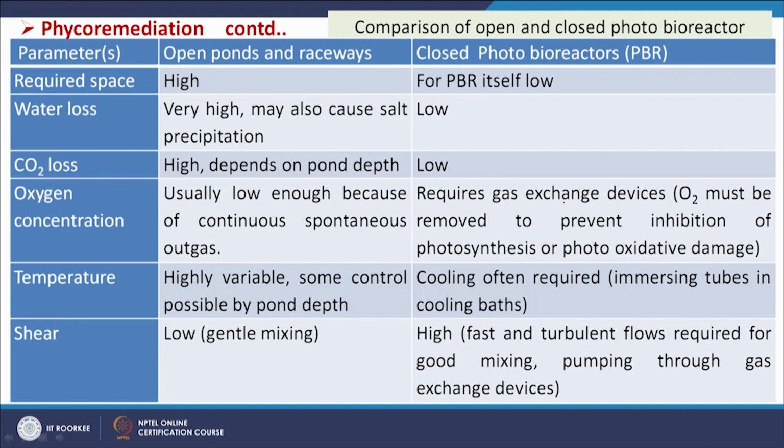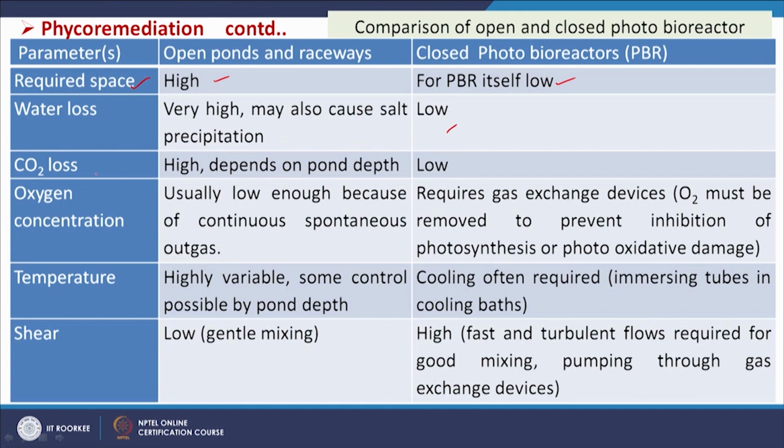If we compare these two types of photobioreactor with respect to some parameters, like required space: for open ponds it is high space required, but in case of closed photobioreactor lesser space is required. Water loss is very high in case of open ponds, but it is less in case of closed photobioreactor.